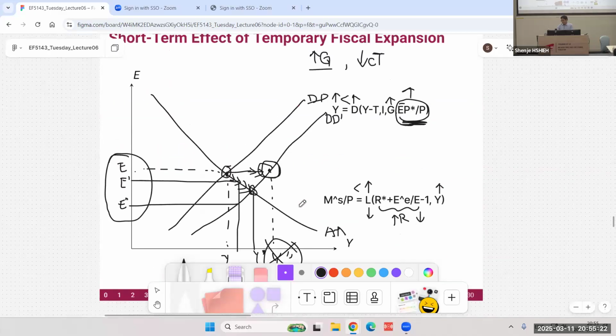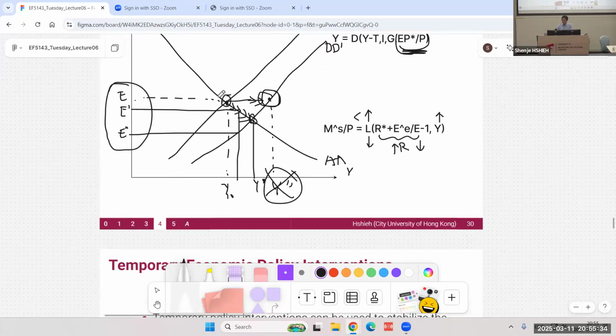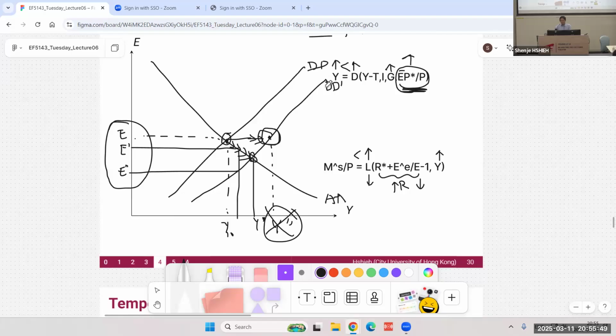In fiscal policy, there is a crowding out effect because of the domestic currency strengthening, and that undermines export-import competition. The benchmark, of course, is if we hold the exchange rate fixed, then the full potential of fiscal policy is realized, Y double prime. But that's not possible here because E is getting stronger, and that undermines export-import competition.